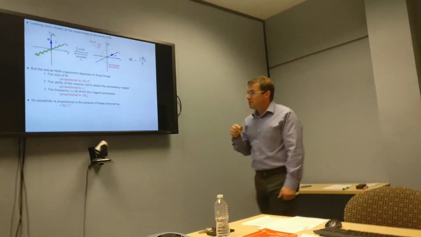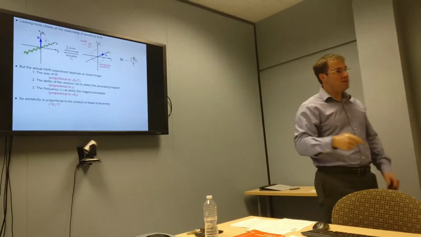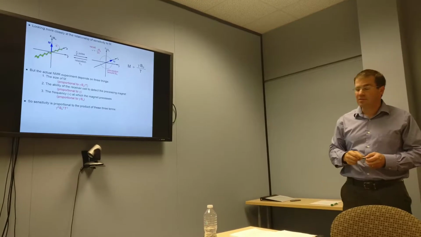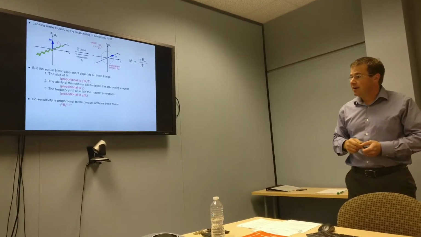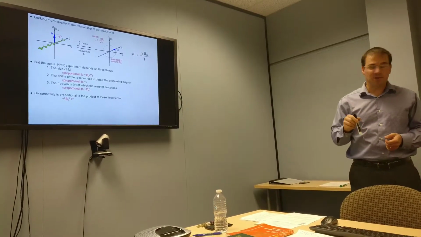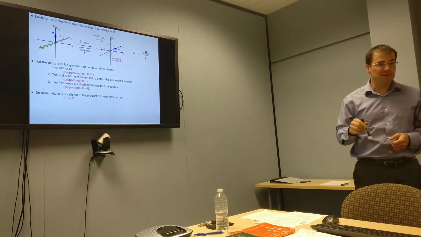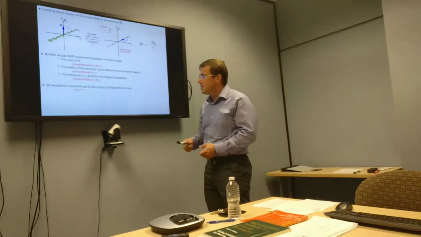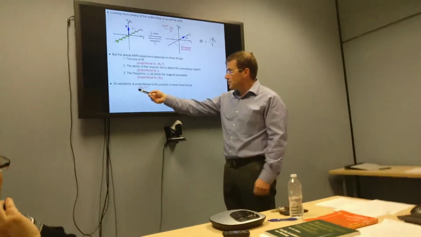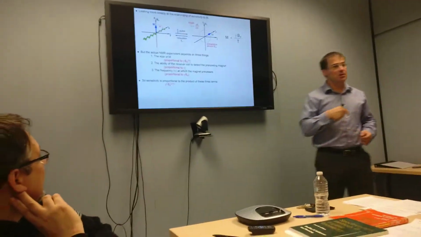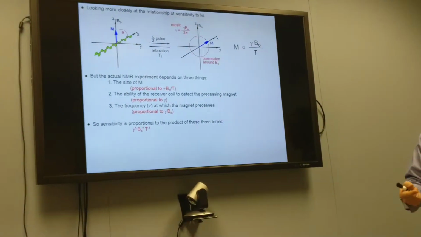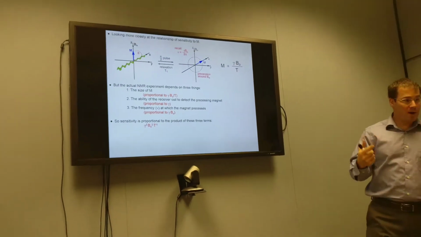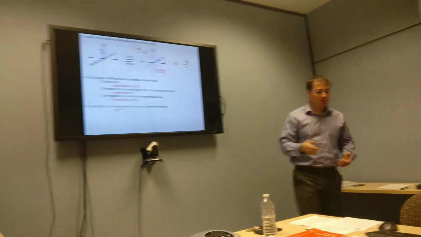And then it's also going to depend on the frequency at which the magnetization vector is precessing, and that's going to be proportional to the magnetogyric ratio times the applied magnetic field. And so if we put all of these three things together, the overall sensitivity in the experiment should be proportional to the magnetogyric ratio cubed times the applied magnetic field squared divided by temperature.